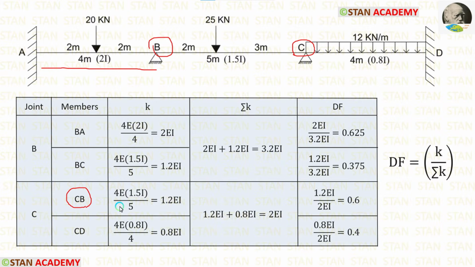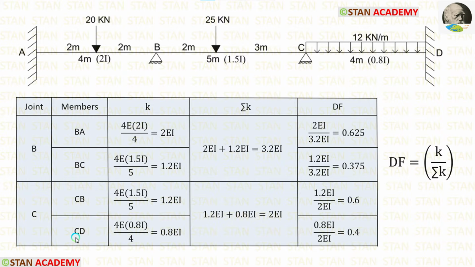If the far end is continuous, the formula for stiffness is 4EI upon L. For CB, the moment of inertia is 1.5I. So instead of I, we have to apply 1.5I. The length of CB is equal to 5 meter. Let us apply that. Finally, the stiffness for CB, we are getting 1.2 EI.